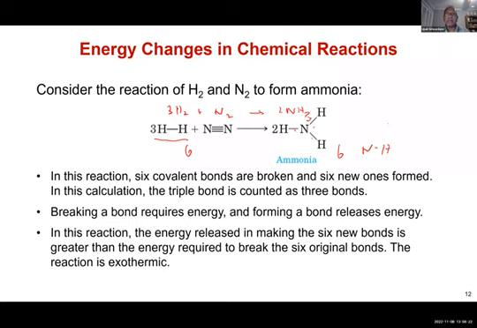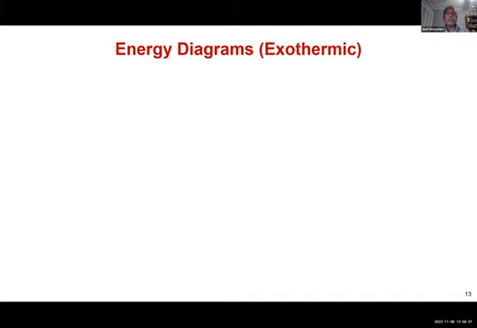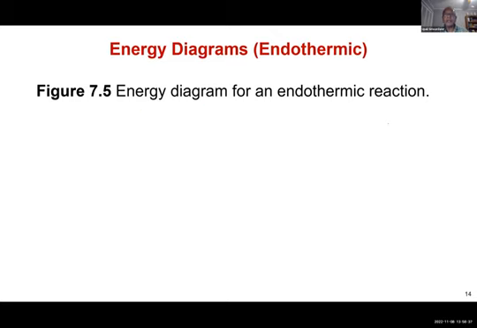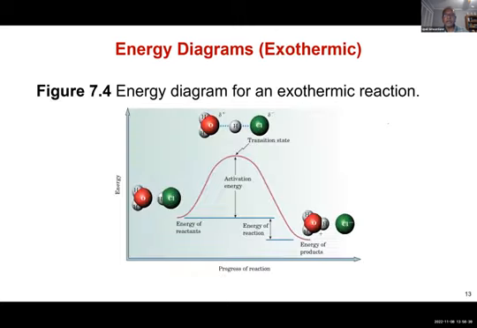This energy change depends on bond breaking in the reactants and bond forming in the products. You can show some of this in an energy diagram. This is the previous reaction with the proper orientation.